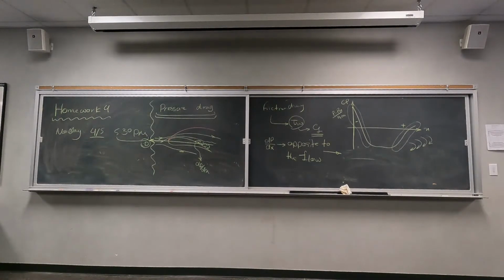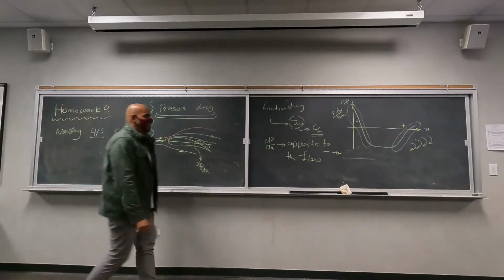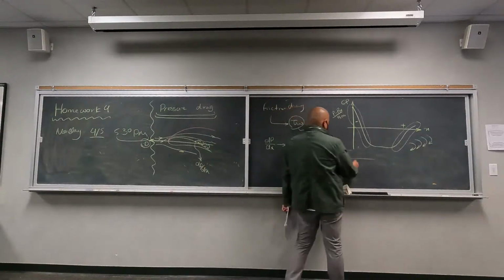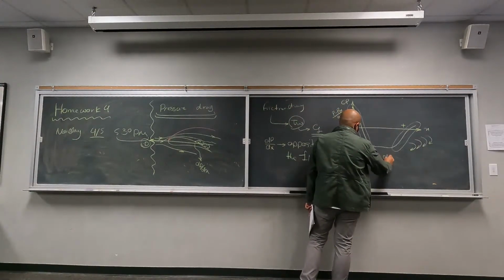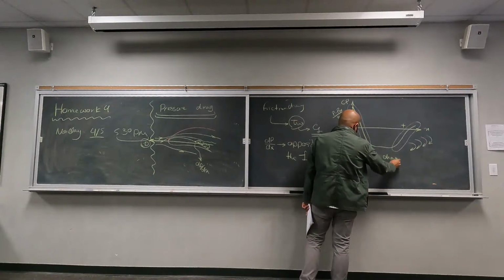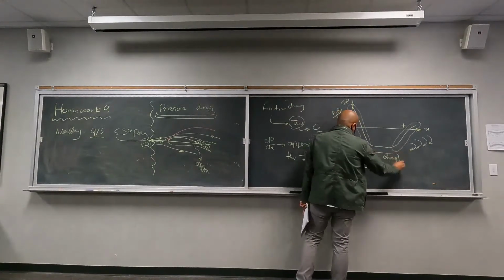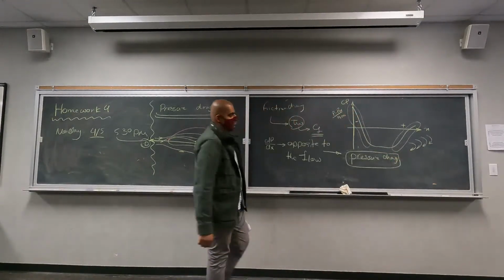Will the drag increase? The drag will increase. That's the idea. And this increase in drag is all attributed to pressure drag. Pressure drag is there or increases because of the adverse pressure coefficient.